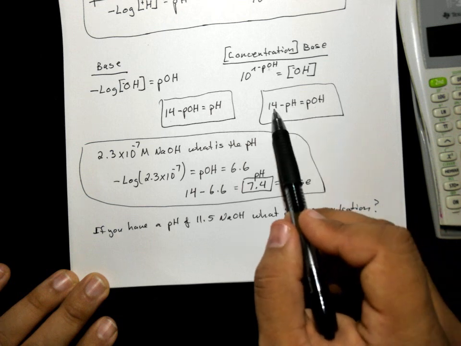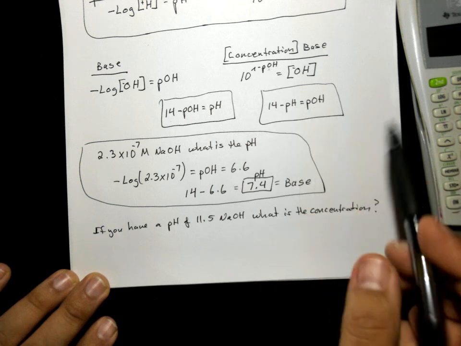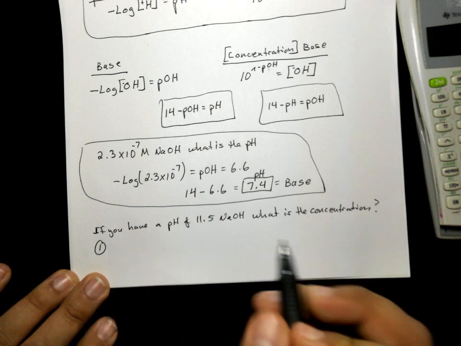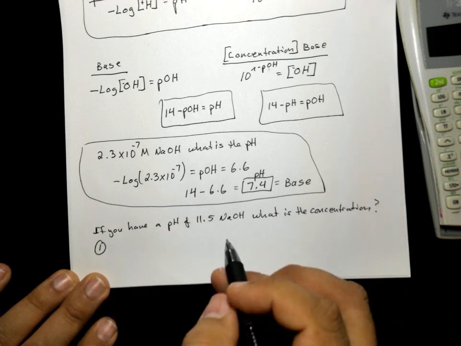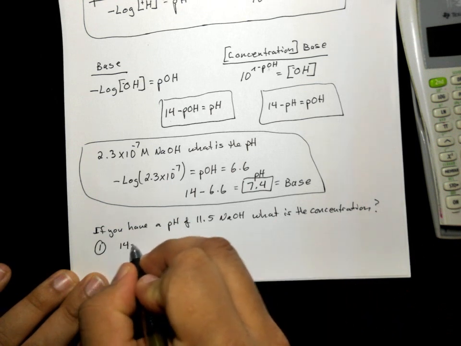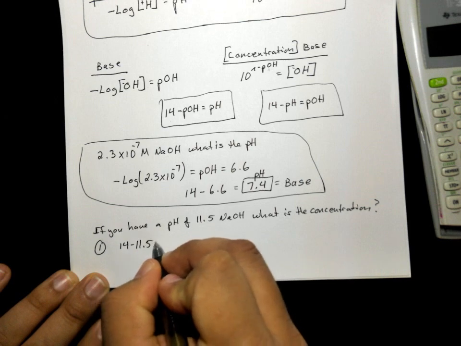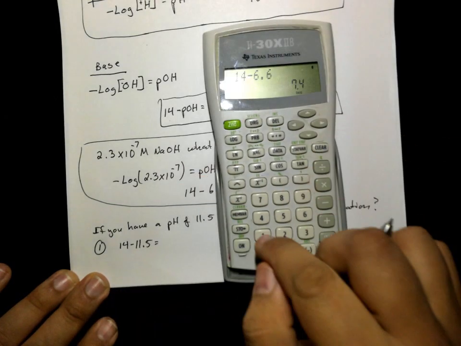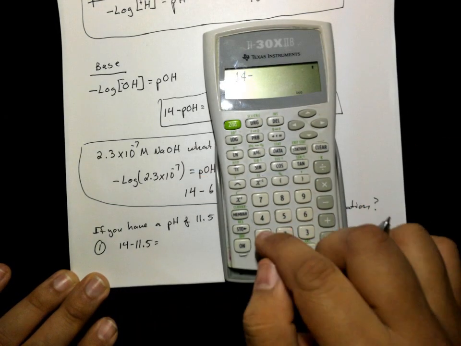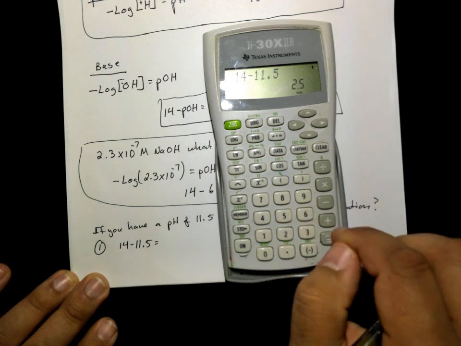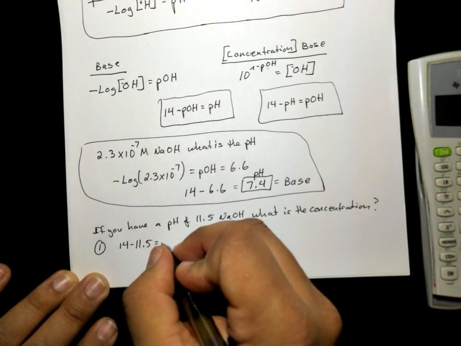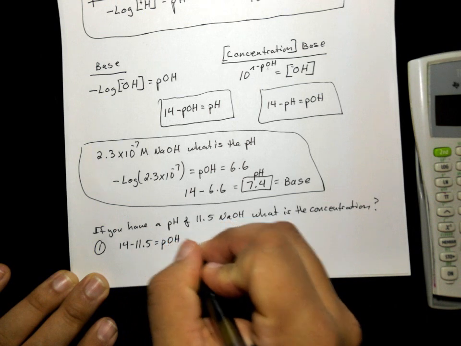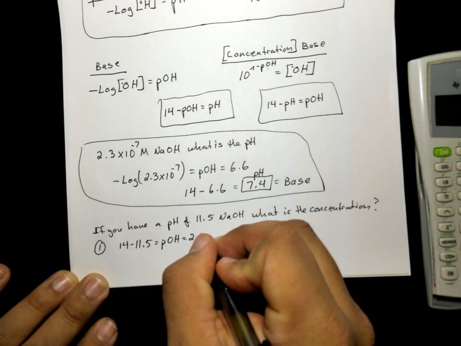All I got to do is take 14 minus the pH, and that gives me pOH. So that's my first step, is to go with pOH. So let's do that. 14 minus 11.5, and that gives me 2.5. So that gives me a pOH of 2.5.